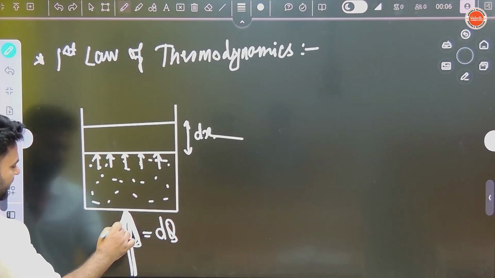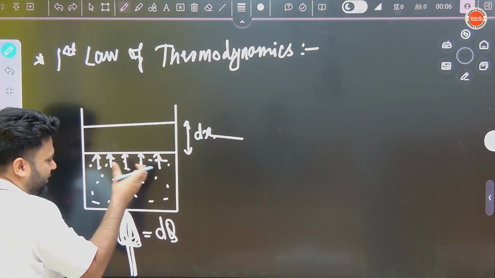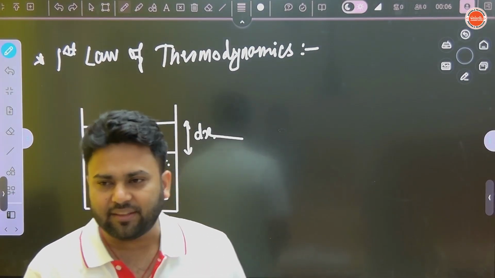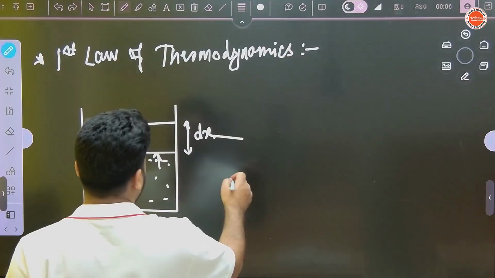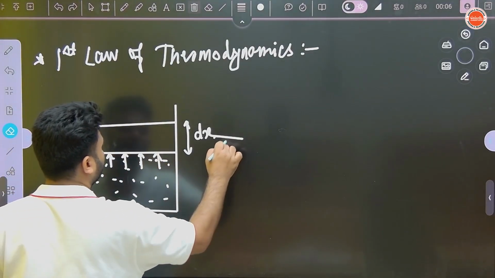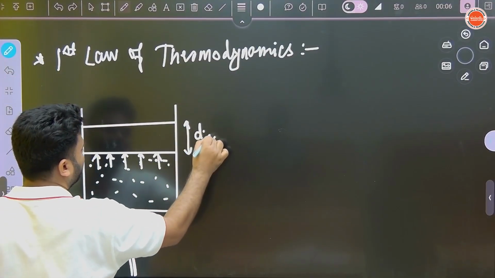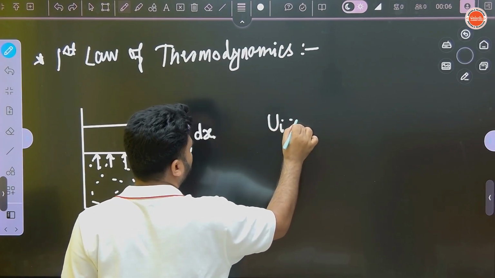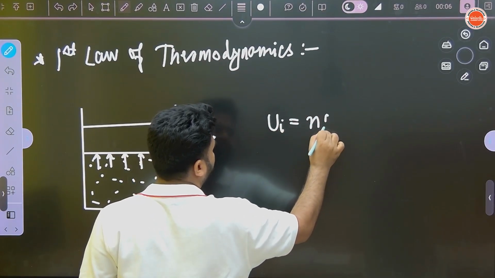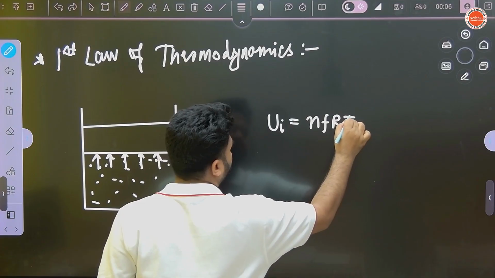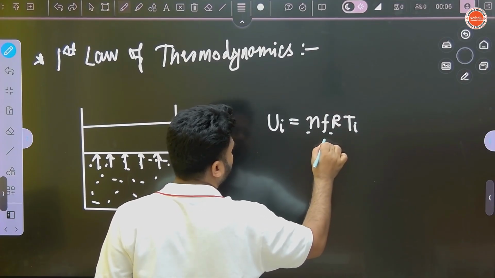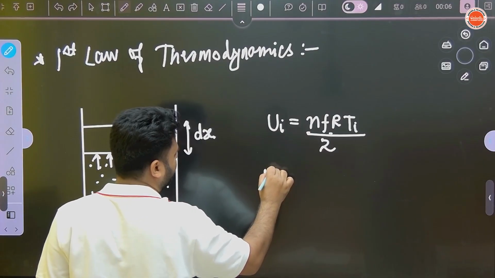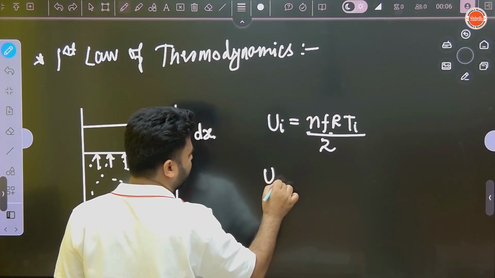Achha, when you are heating this gas, the temperature of the gas is also increasing. Suppose U was the U initial. What can I write? nFR T initial by 2. This is the formula for U. But since you are providing heat, the temperature will increase now.